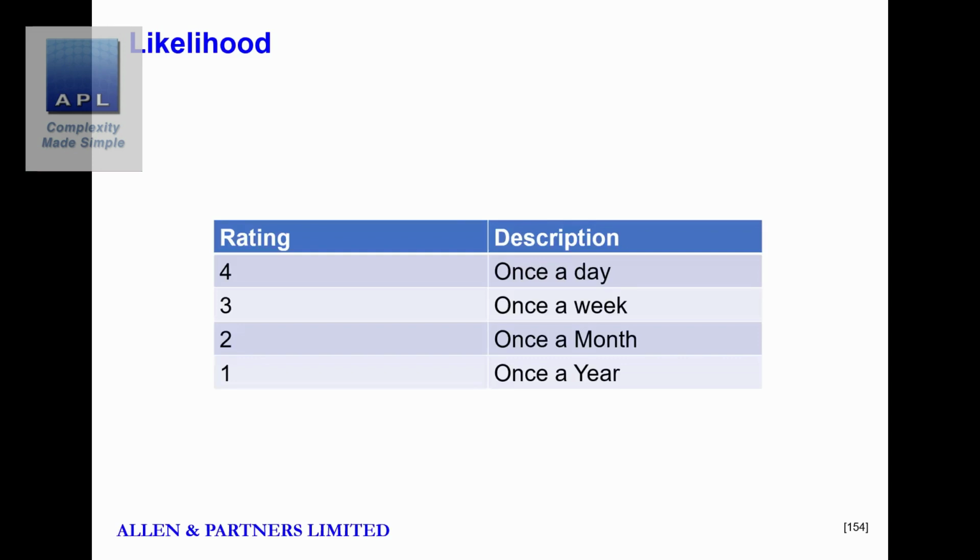You can add to this if you wanted to. If you want to add more categories, of course, you could go once every 2 years, or once every 5 years. You could add once an hour up here if you really wanted to. If you want to make 10 categories, you definitely could.